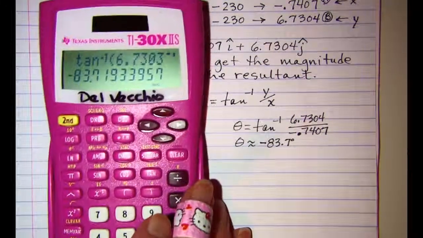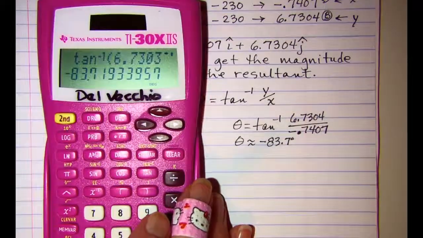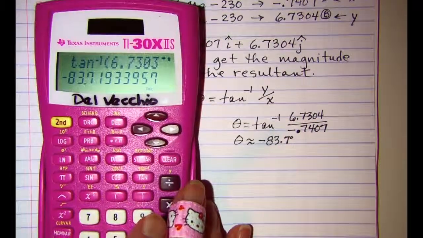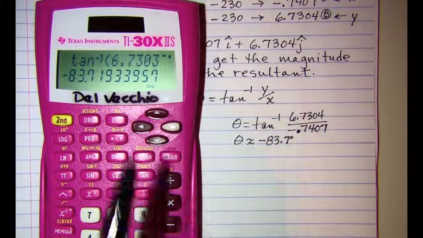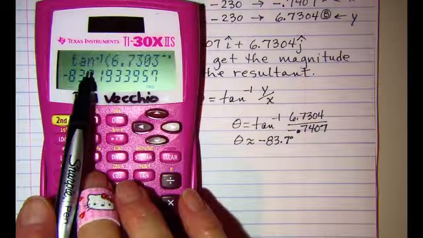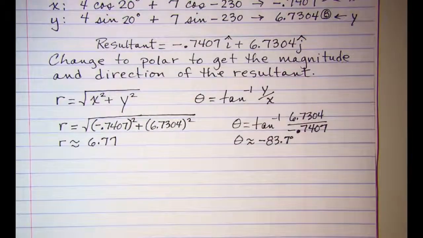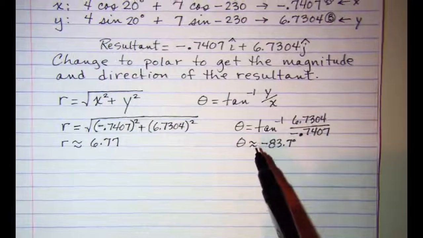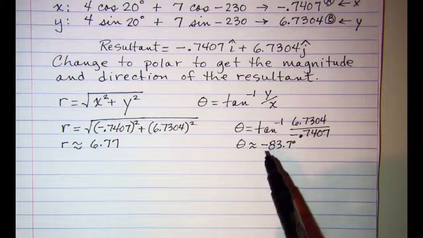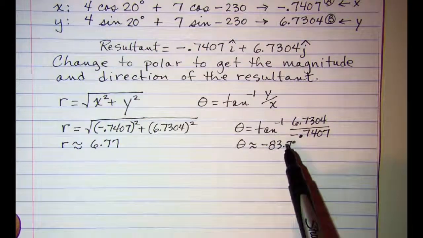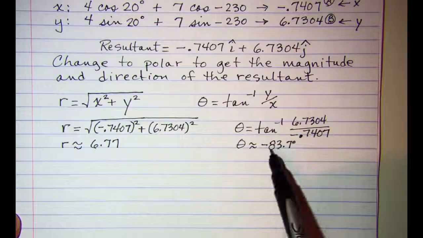Now the calculator will only give us values in quadrants 1 and 4 because the domain of arctangent is restricted to those two quadrants. So I need to make sure, first of all, that I have the correct angle, and then also usually you give the direction as a positive angle, so I need to do that as well.